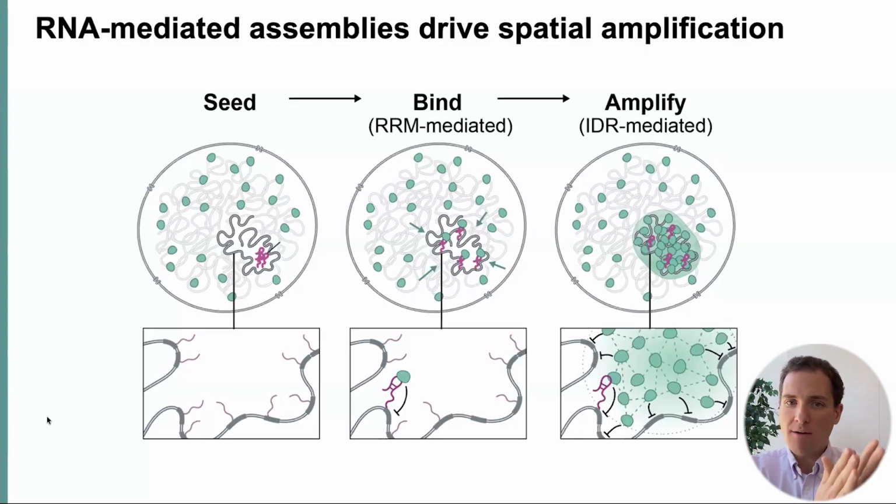By doing so, it can lead to a concentration shift between the concentration of this protein in the nucleoplasm, the broader nucleus, and the concentration within the compartment. When that reaches a high enough local concentration, it can undergo a concentration-dependent phase transition, where now these proteins can interact with each other, not necessarily strictly through their interaction with the RNA, but even through low complexity domains or intrinsically disordered regions within the protein itself, to form protein-protein assemblies within this spatially constrained location.